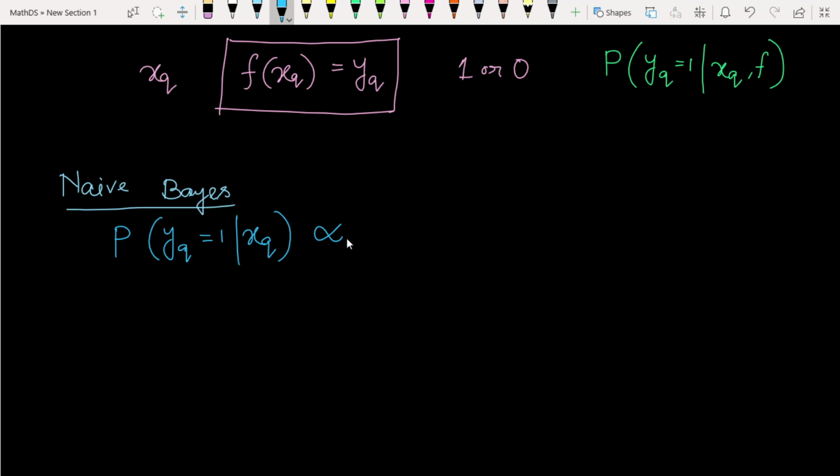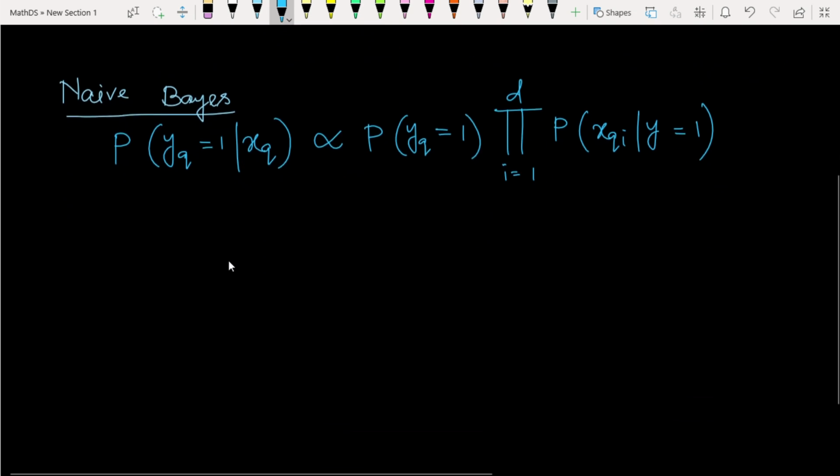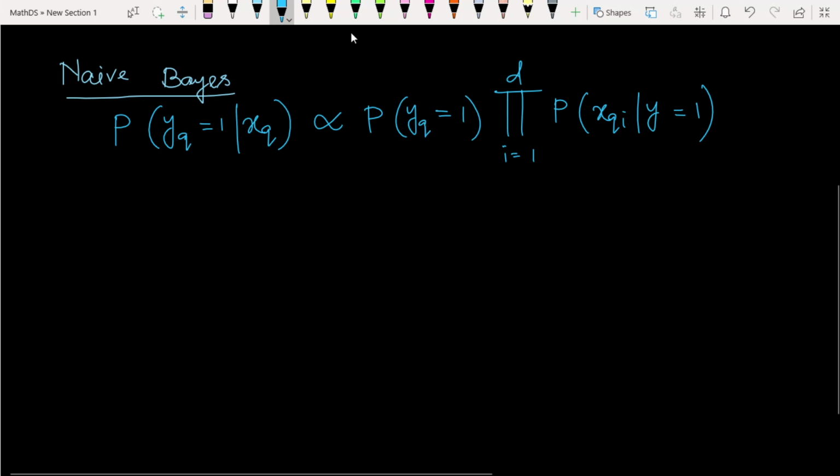This value will be proportional to the probability of yq equals 1 into the product over i equals 1 to d, where i is responsible for the dimension, of the probability of xqi given yq equals 1. I strongly recommend that if you forget this, please revisit the naive Bayes chapter.